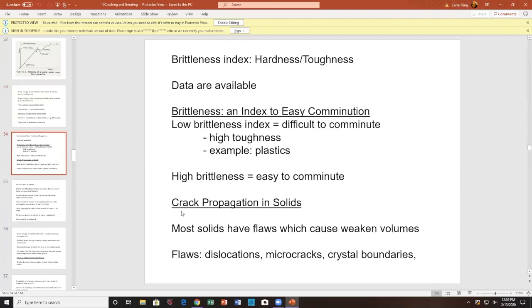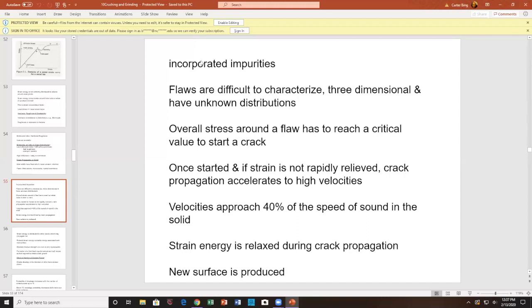Now, let's talk a little bit about crack propagation in solids. Most solids have flaws, which cause weak volumes: dislocations, microcracks, crystal boundaries, incorporated impurities. When I was taking my high school chemistry course, I thought crystals were always pure.